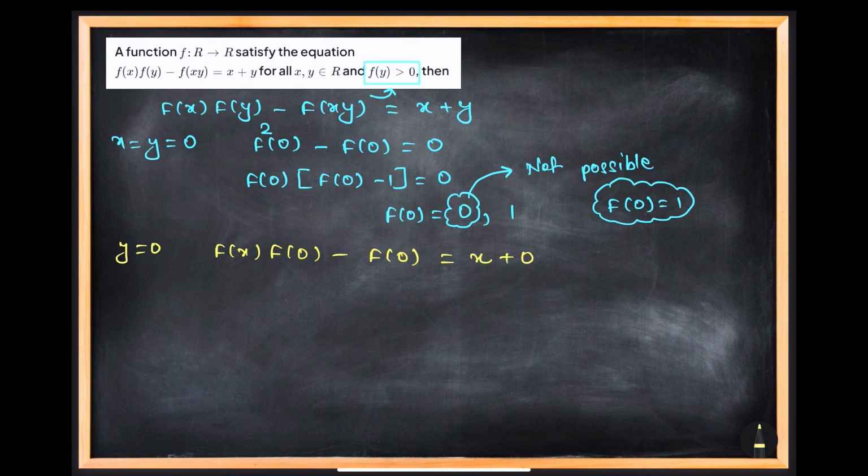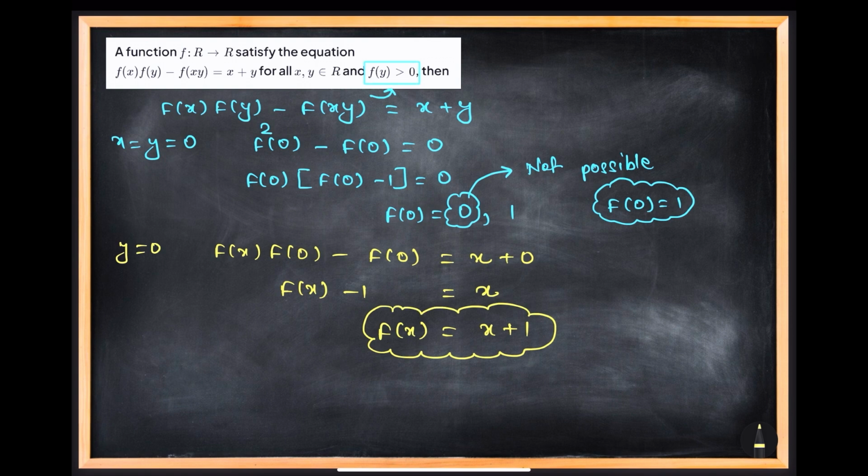Okay. Now, you know that f of 0 is 1. So can I write f of x minus 1 equals x? So we will have f of x as x plus 1. So we got our function as x plus 1.